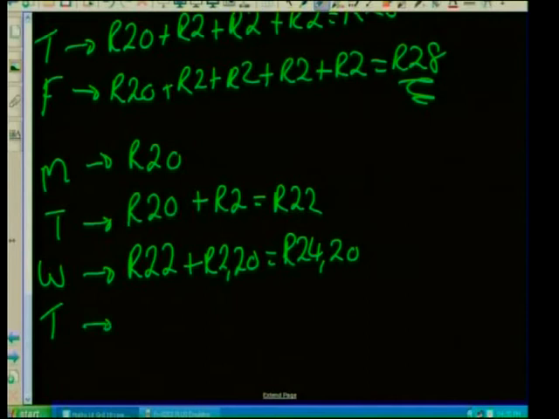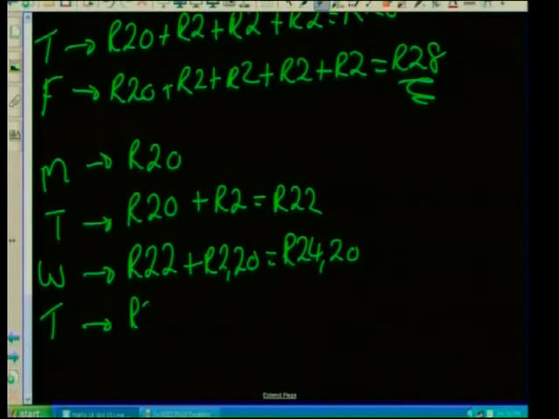Let's have a look. Thursday comes along. Okay? Hayden walks into Rocky, says, hey, Rocky, you owe me money. Rocky says, yeah, I got it here. Oh, no, it's fallen out my pocket. Bring it tomorrow. Hayden says, not a problem. I'll just add interest. So what happens? On Thursday, we've got the 24 Rand 20 cents.